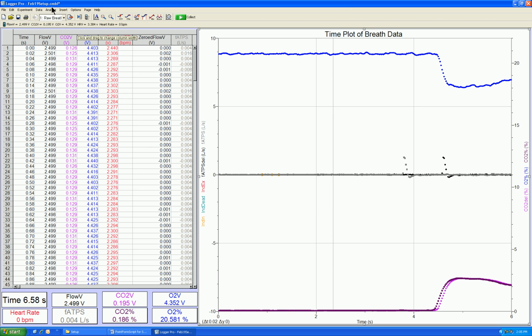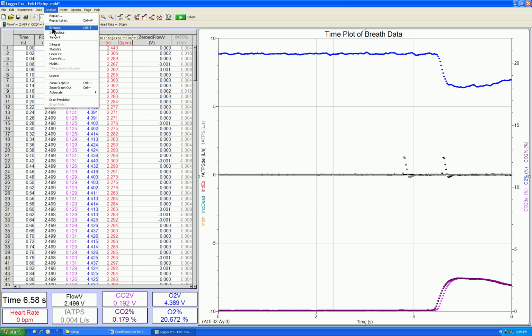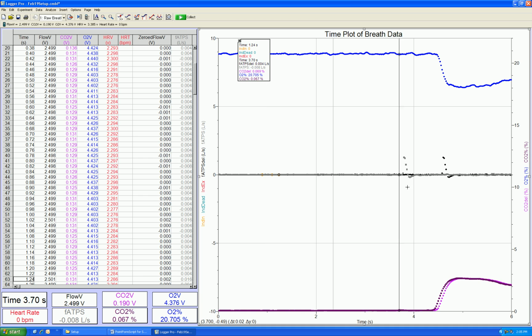If I put on a cursor, you see that the delayed value of the flow aligns to about the middle of the transition in the gas signals.